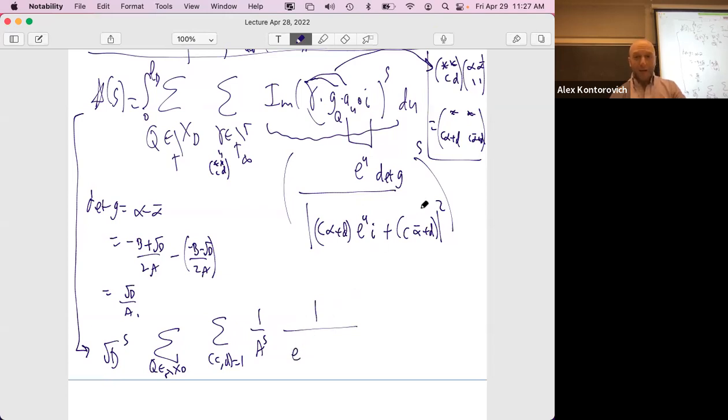By the way, what is the absolute value squared? This is real, this is real times i. So it's just going to be the square of this and the square of this. Let's keep track of that. It's going to be C alpha plus D squared times e to the u over 2 squared, plus C alpha bar plus D squared times e to the minus u, and all of this is raised to the s power.